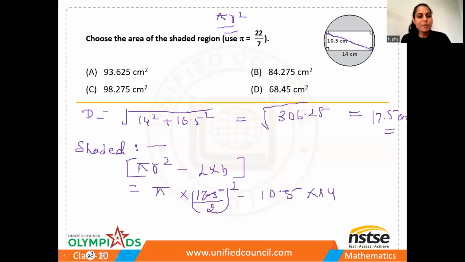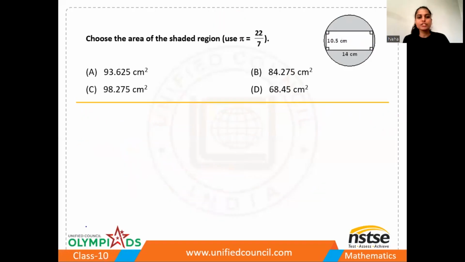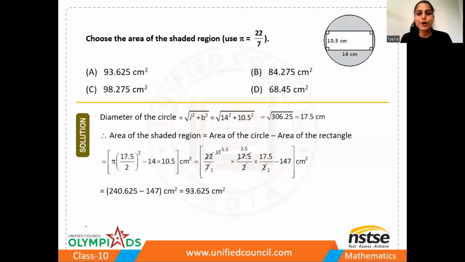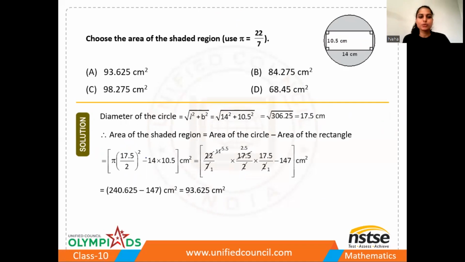Now, my dear students, you have some simple calculation and you can get your answer. The answer is 93.625 centimeters square. That means, yes, option A is the right answer.